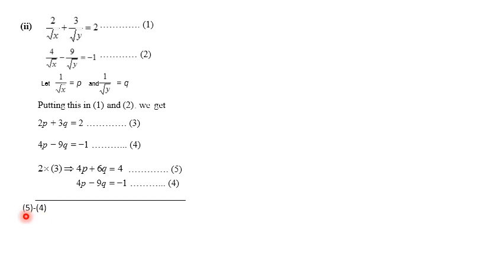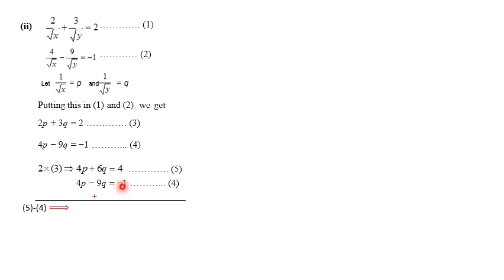I just subtract 5 minus 4. Before going for the calculation, let me remind you something here. The sign of 9 is minus, so that will change to plus. How? 6 minus minus 9: we are subtracting, that's why 6 minus minus 9 means the sign will change to plus.